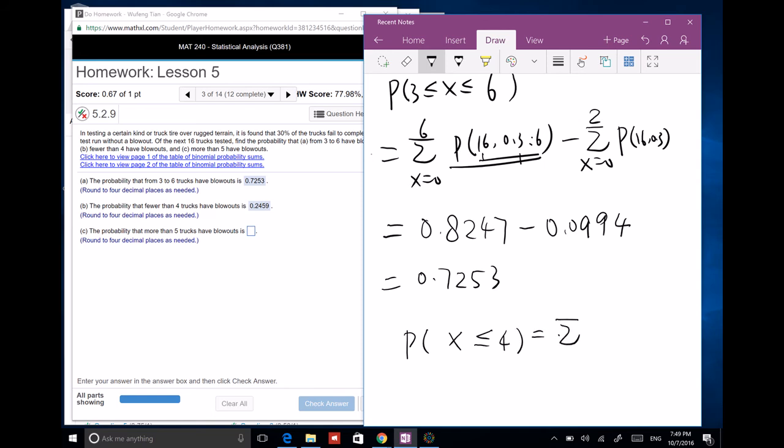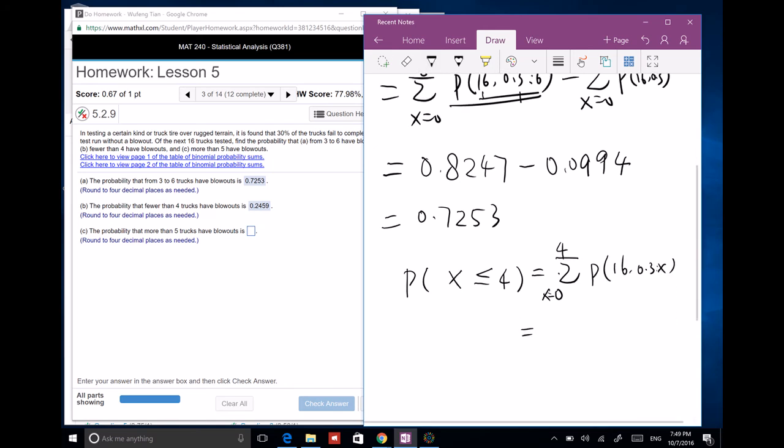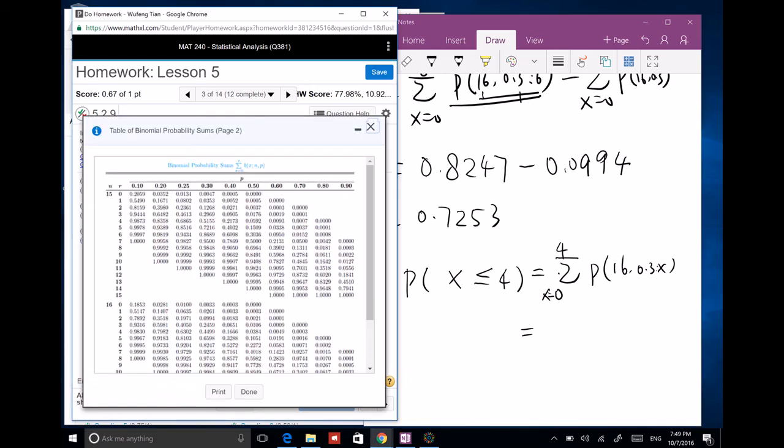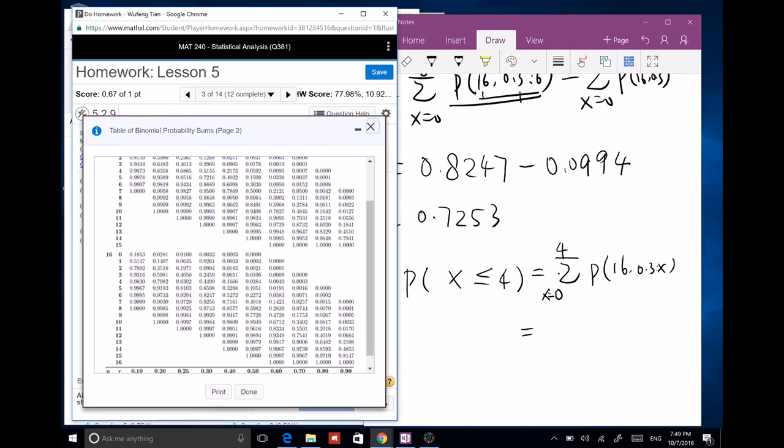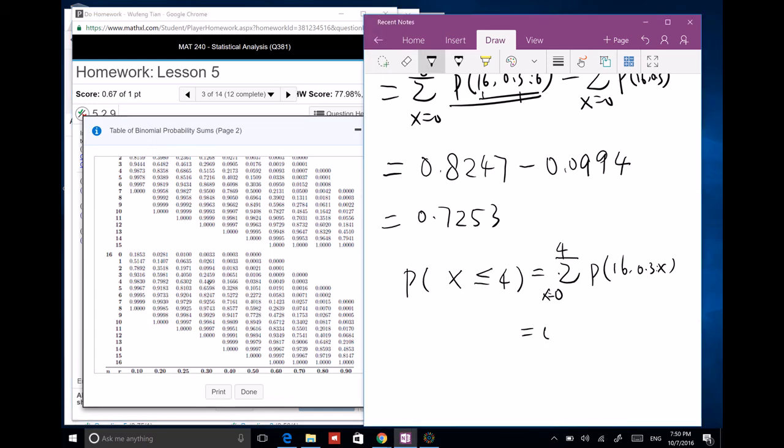Okay, now let's see the probability that X is fewer than 4, meaning less than or equal to 4, which means you just directly read from the table, x equals 0 to 4, with n = 16 and p = 0.3.